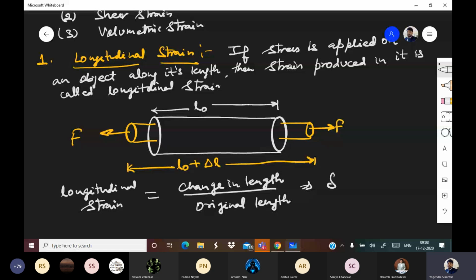Delta is the symbol for this. Longitudinal strain is equal to delta L upon L naught. Okay, please note, delta L upon L naught.